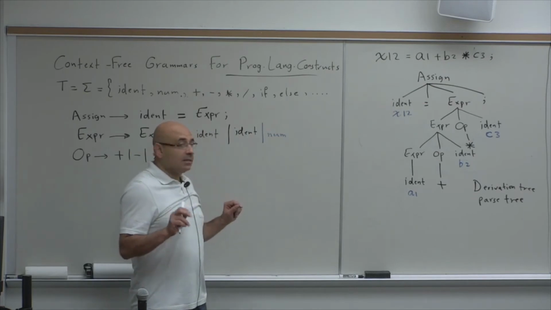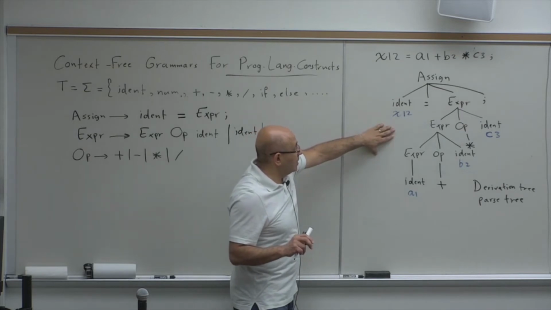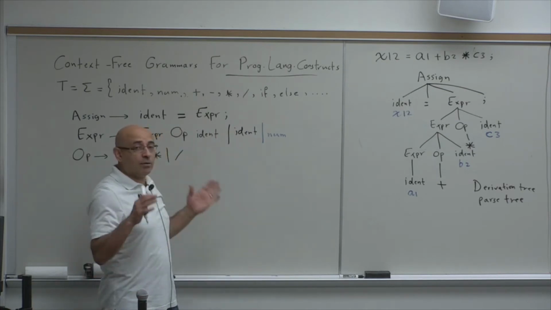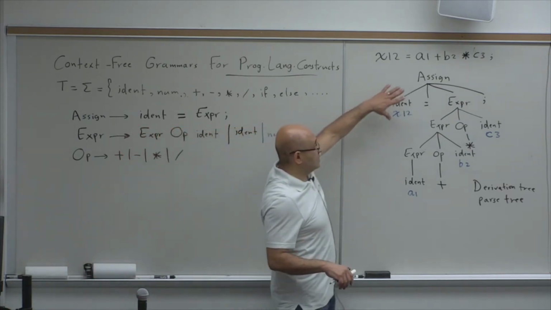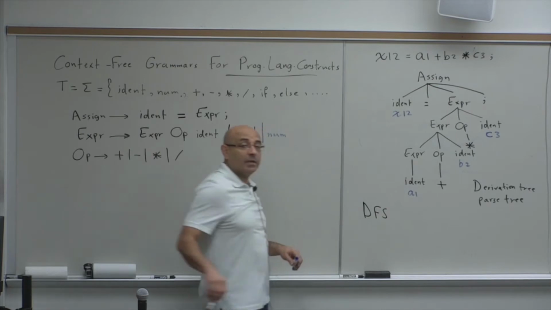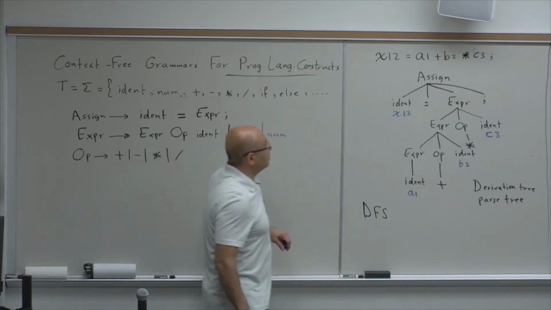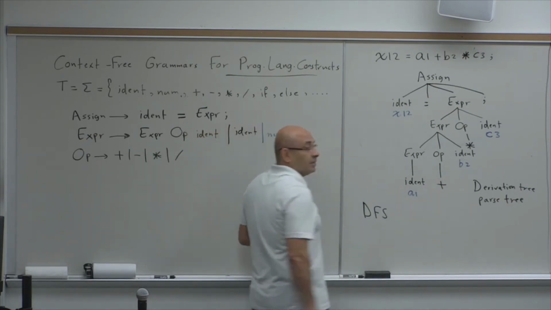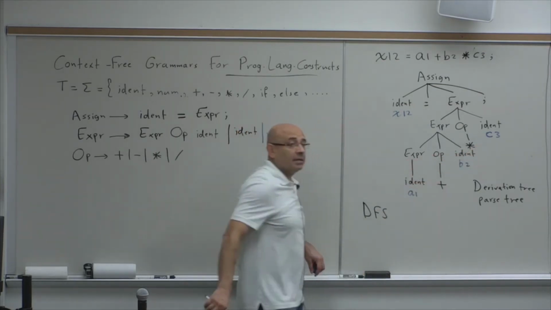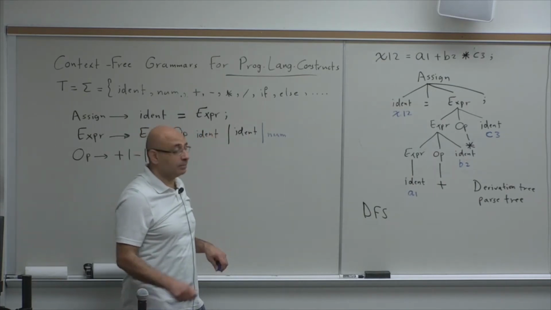The idea is in a compiler, this will get processed by an algorithm that will generate code, and that algorithm is going to traverse this tree in DFS order. And traversing the tree in DFS order would do the add first because it's on a lower level. So it would add A1 and B2, then multiply the result by C3. So it wouldn't do what we want it to do.